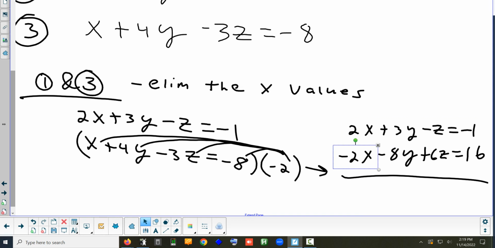Okay, add them up. Abigail, what's 2x and negative 2x? 0. That's gone. Okay, Ryan, 3y and negative 8y? Negative 5y. Gavin, negative 6z plus 6z? Oh, that would be 5z.